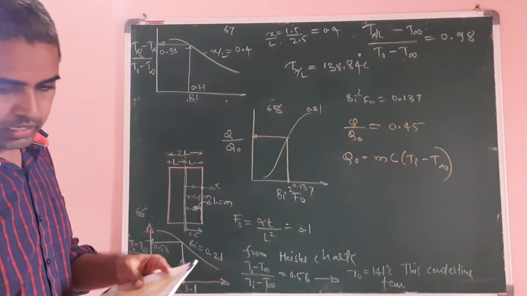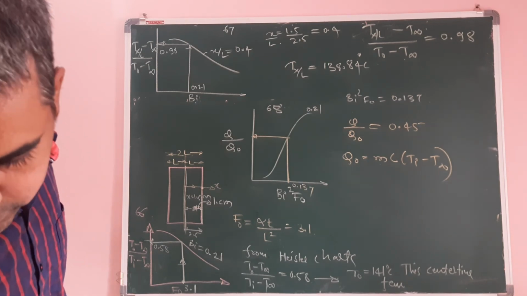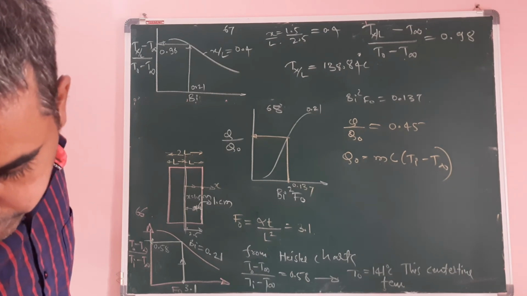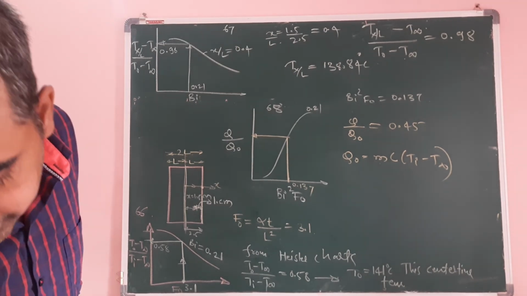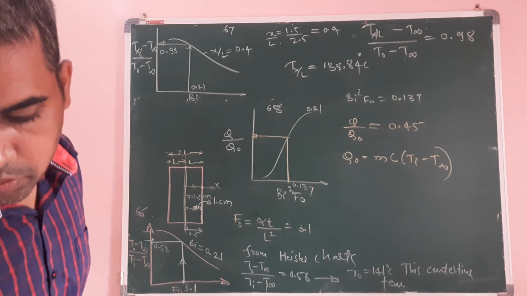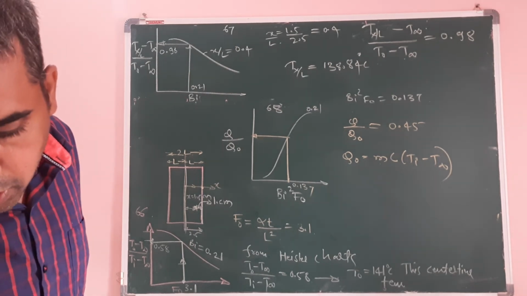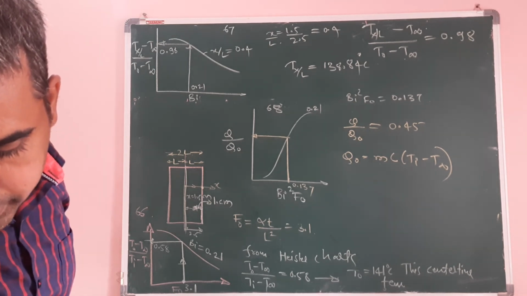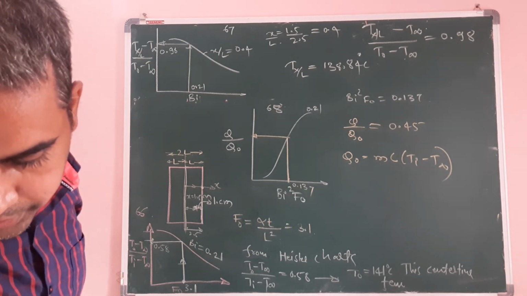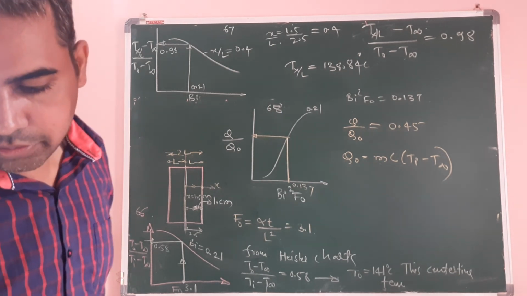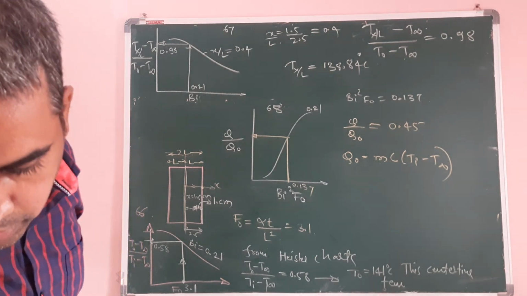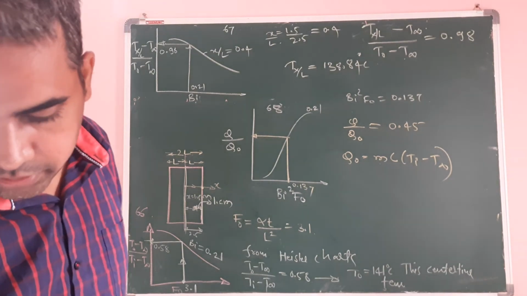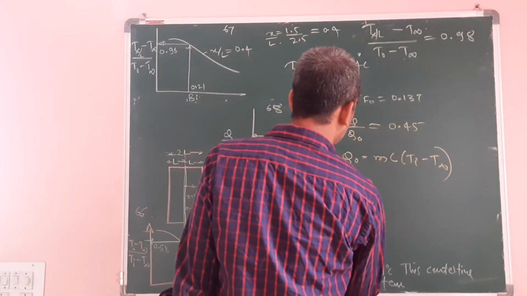You know the M value. M is given in the problem. If it is not given, how to calculate M? If you know the volume, then you can calculate M. Because they have given a 5 centimeter thick iron plate, you know the density.